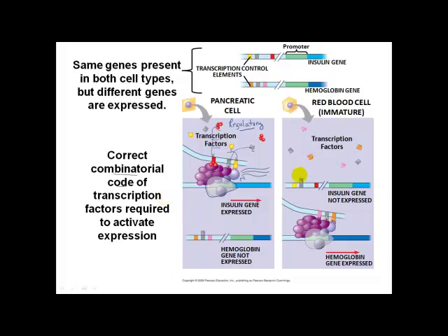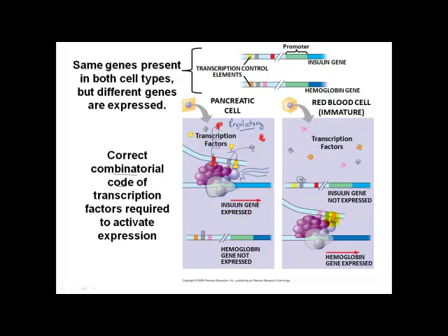So as we saw here, this gray transcription factor, whatever it is, was actually in common, right, between the two genes that were being regulated. The insulin gene and the hemoglobin gene both had binding sites for that specific transcription factor, but for the insulin gene it was combined with sequences that bound red and yellow transcription factor, and for the hemoglobin gene it's interacting with pink and orange, right?